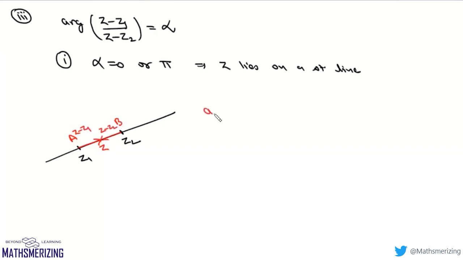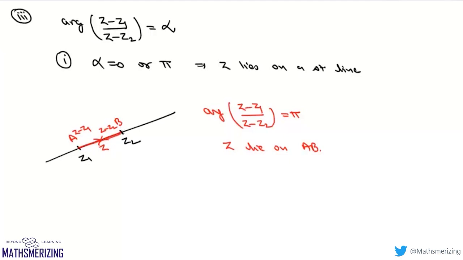So if we write argument of Z minus Z1 upon Z minus Z2, it is pi, then this Z, it will lie on line segment AB. So it will represent all the points which lies between A and B.